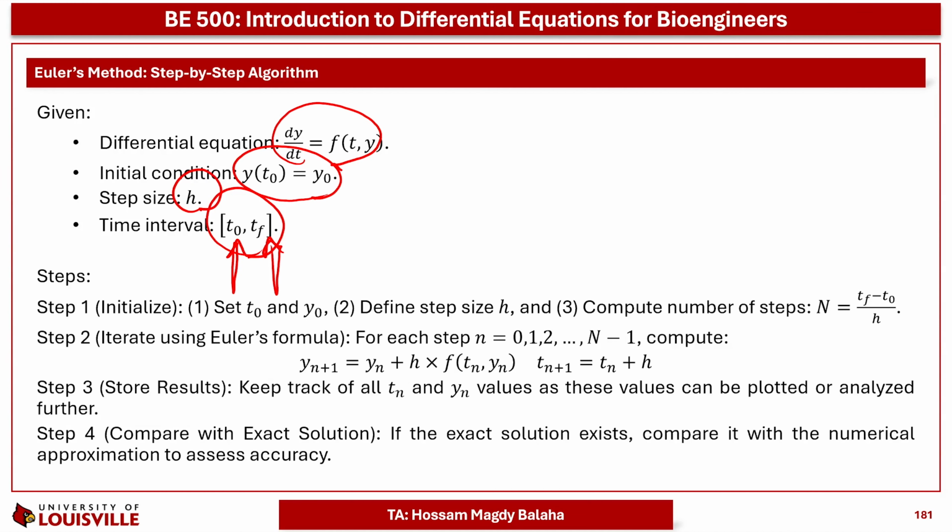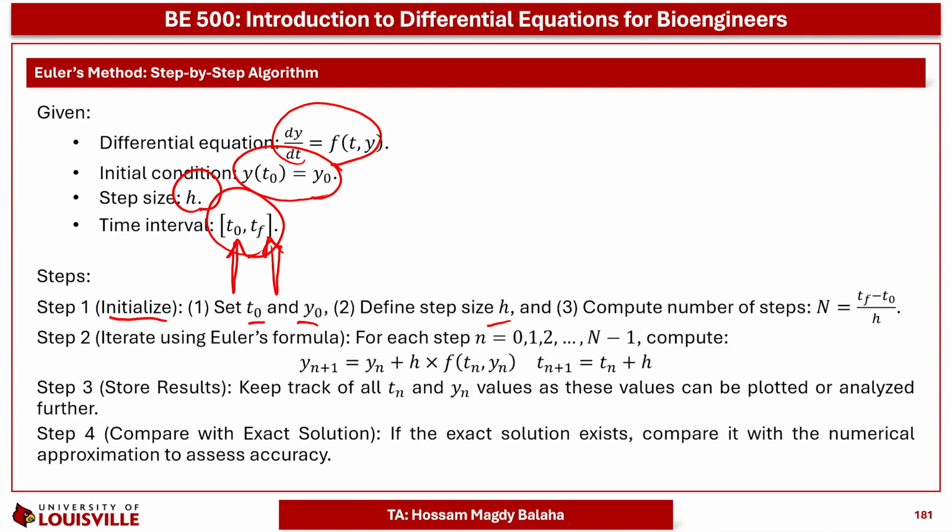So we will initialize our environment by simply setting t naught and y naught, which are the initial conditions, and define the step size, which is given in our question, and compute the number of steps, which equals the final time minus the initial time over h. So if we have from 0 to 5 with a step of 1, then it will be 5 minus 1 over 1.